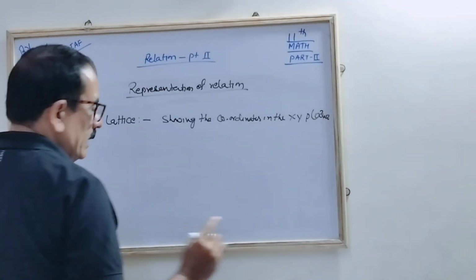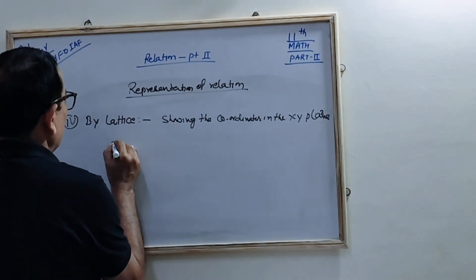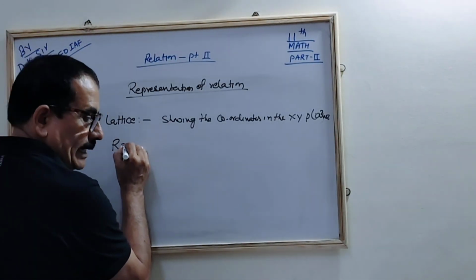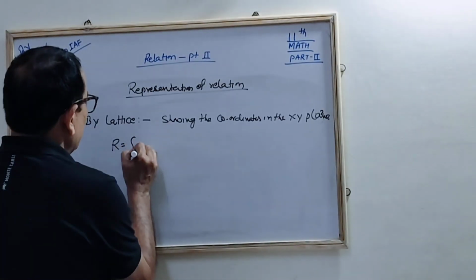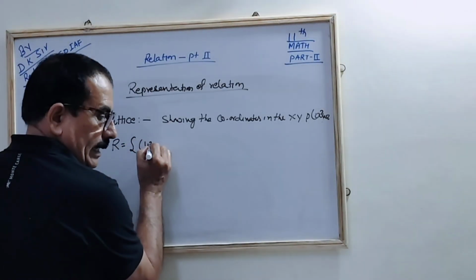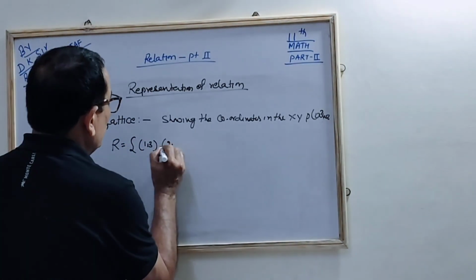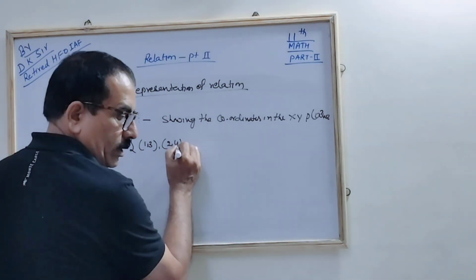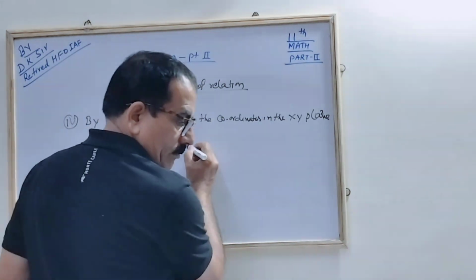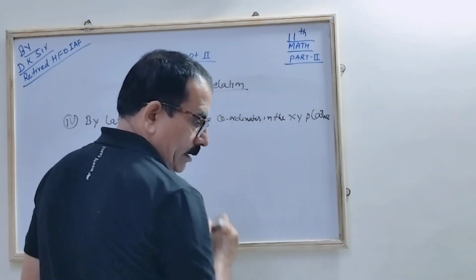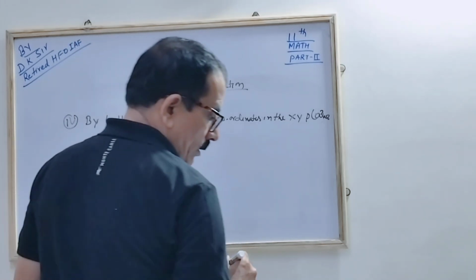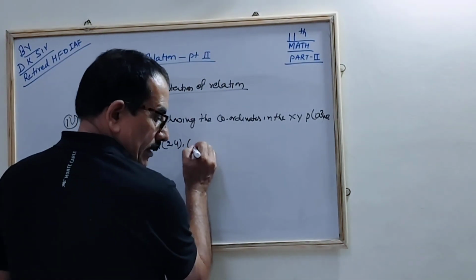Suppose the relation of two sets is given, such that it has 2, 4, and 1, 4.